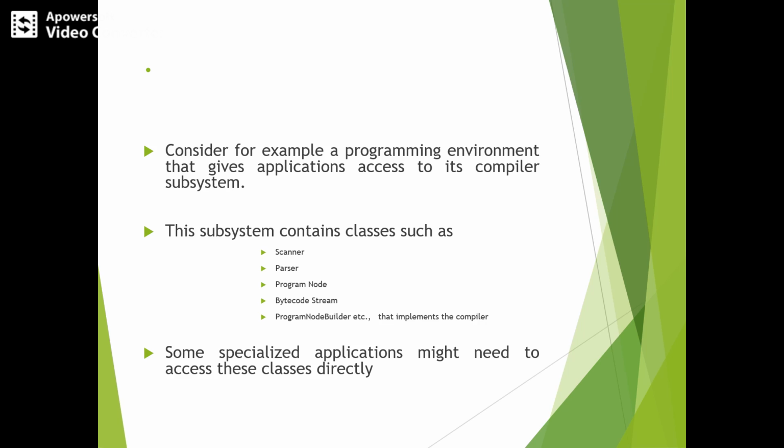For what they expect, the powerful but low-level interface of the compiler subsystem only complicates their task. So we need to provide a higher-level interface that can shield the client from these classes.